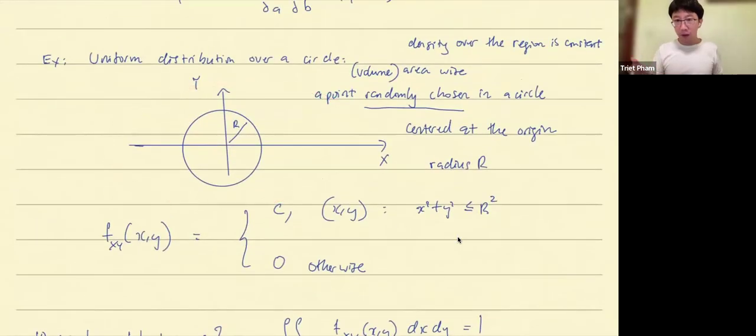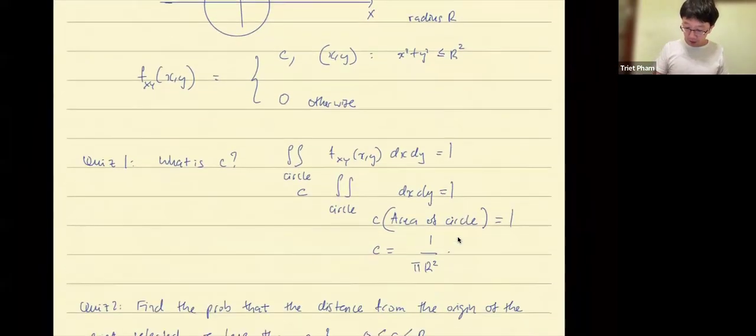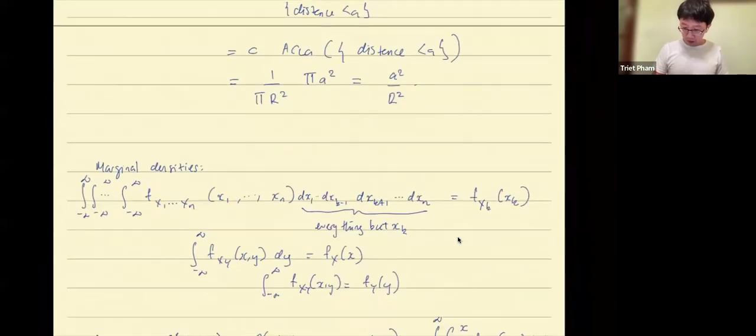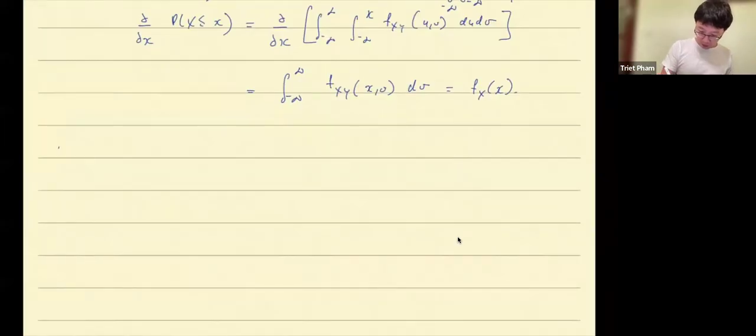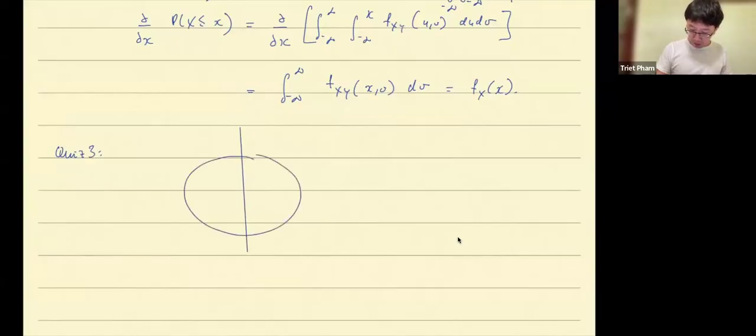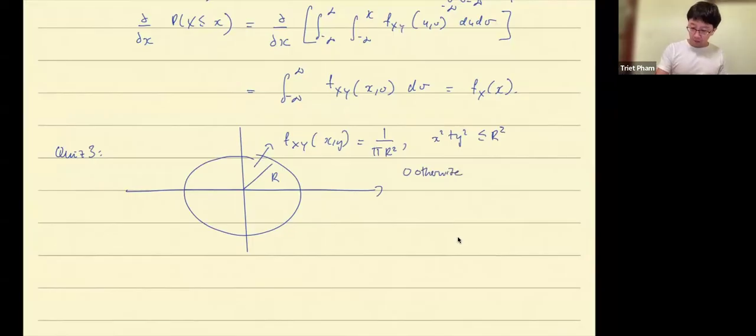Let's reconsider the circle of radius r, and find the marginal densities of X and Y here.